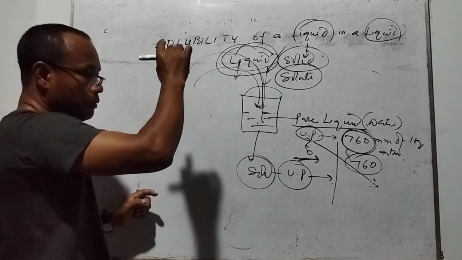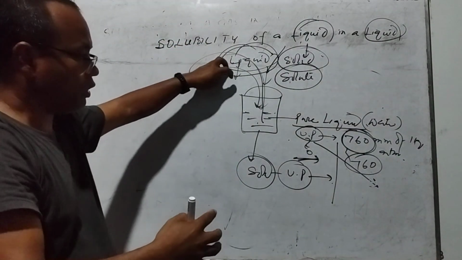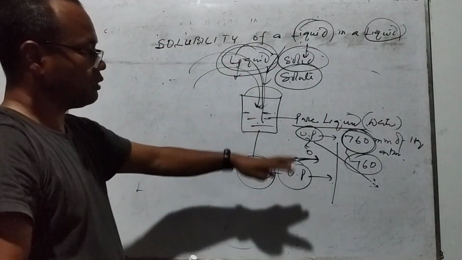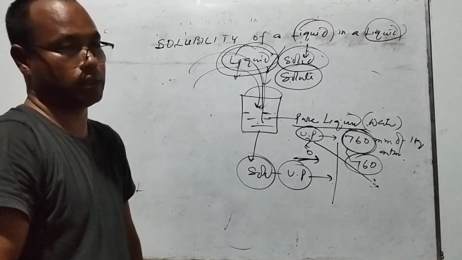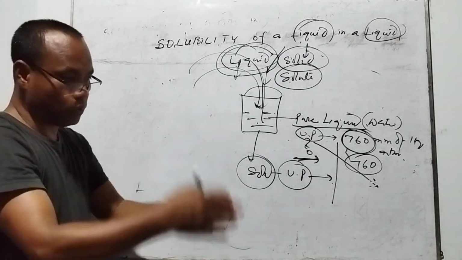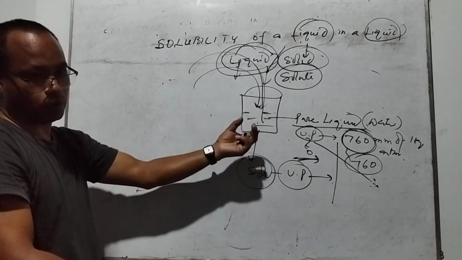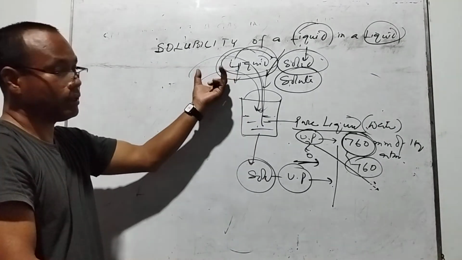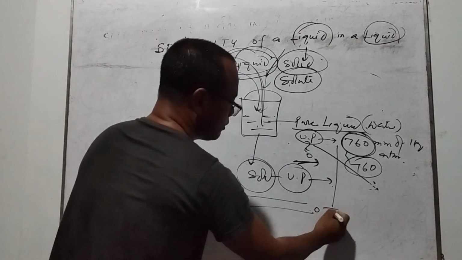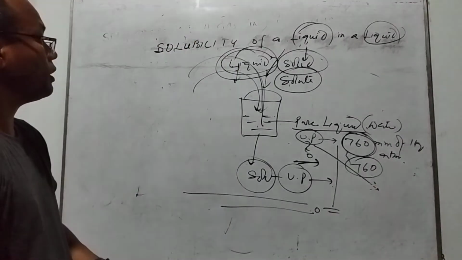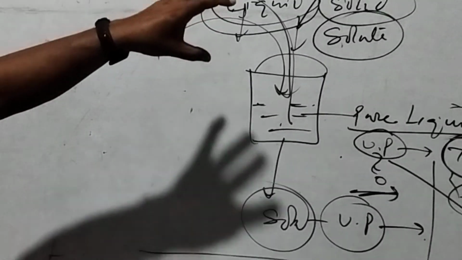If you add more solute, the lowering of the vapor pressure is also more. More amount, more lowering. Less amount, less lowering. That's very important to understand about the vapor pressure of the liquid.